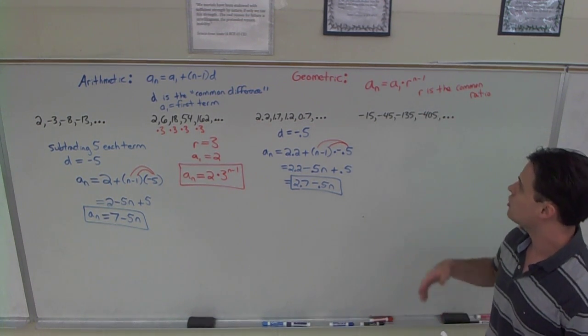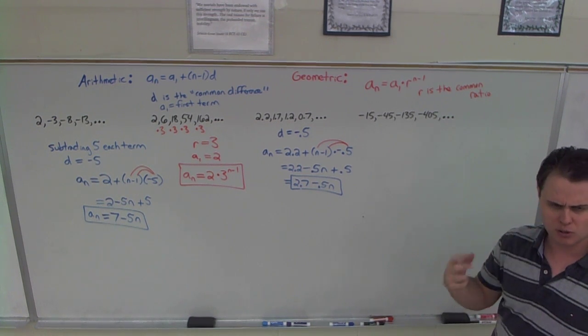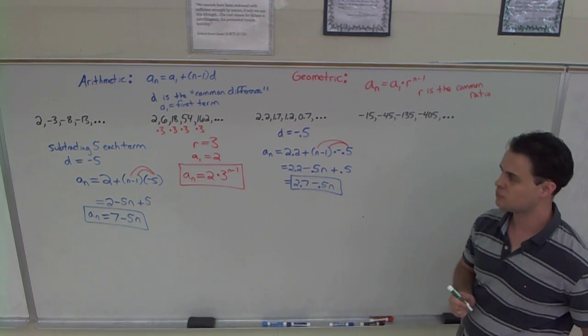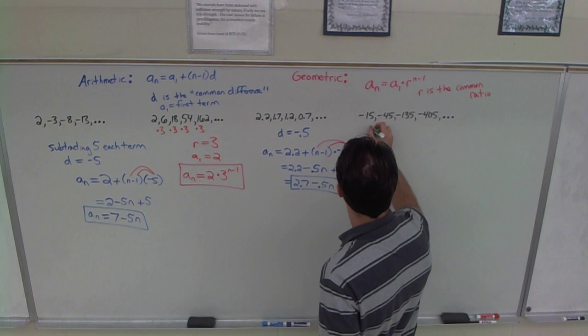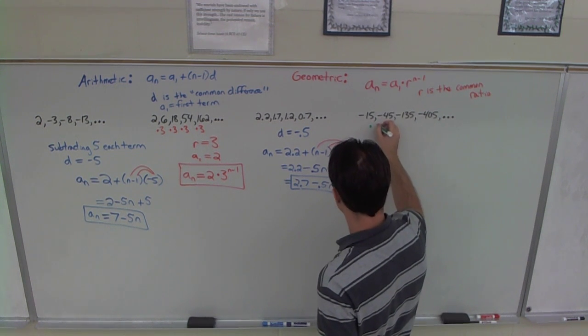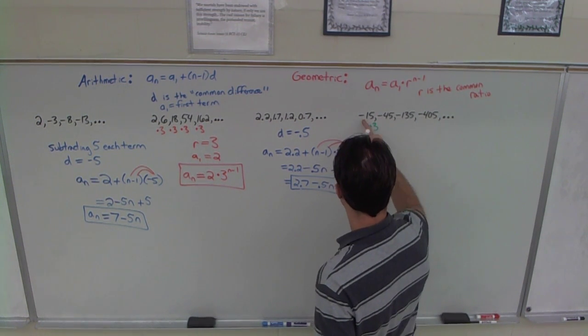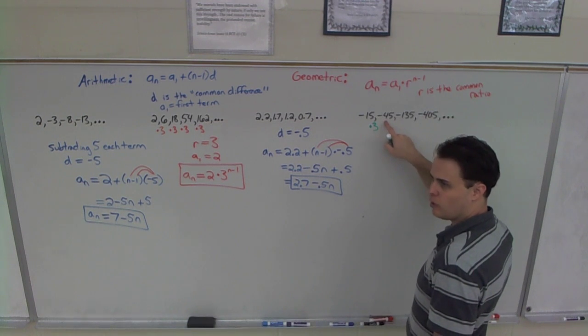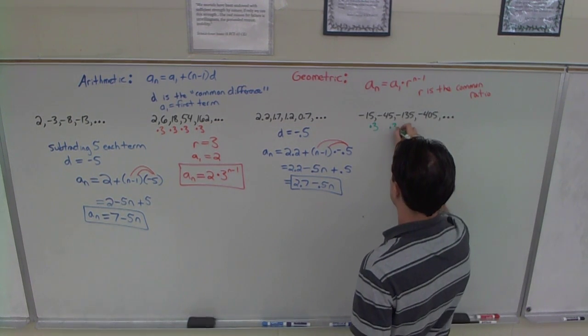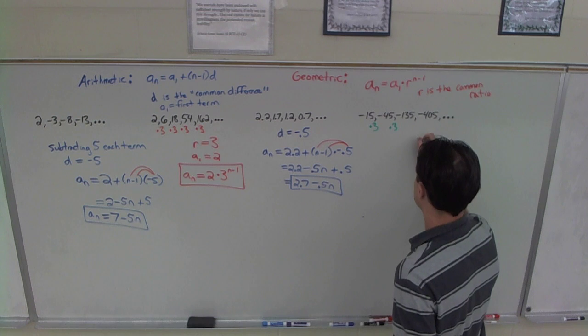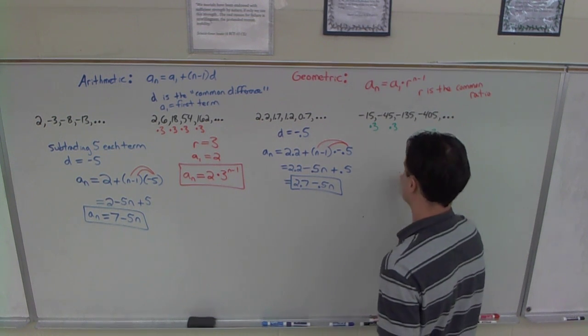Okay. So what do you guys think on this one? Was it common ratio or common difference? Ratio. I think it's times 3 again, isn't it? Negative 15 times 3 is negative 45. Times 3 is going to be negative 135. Yeah, this was 3 again. So very similar to the last one.